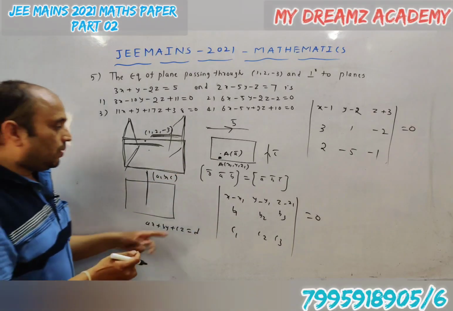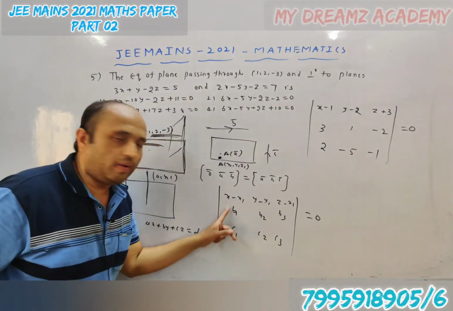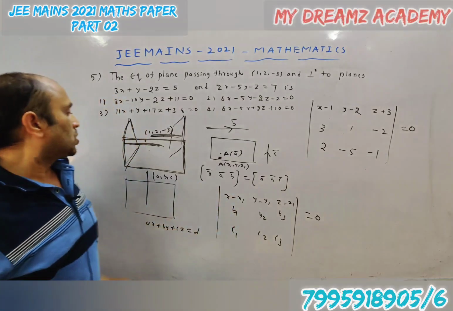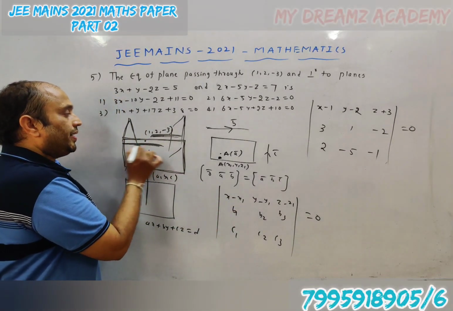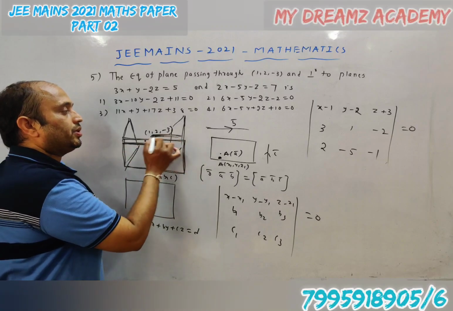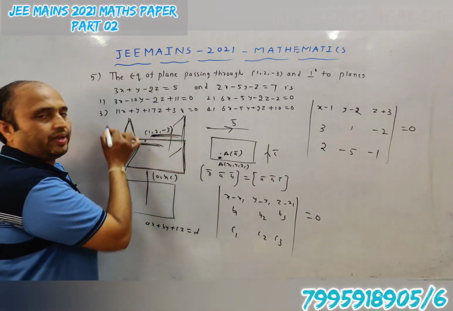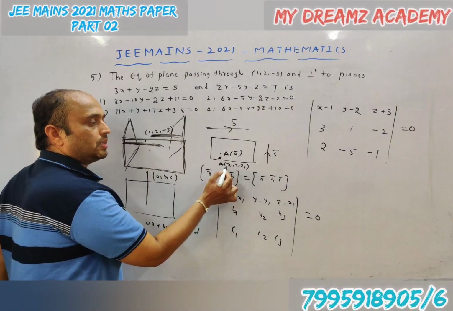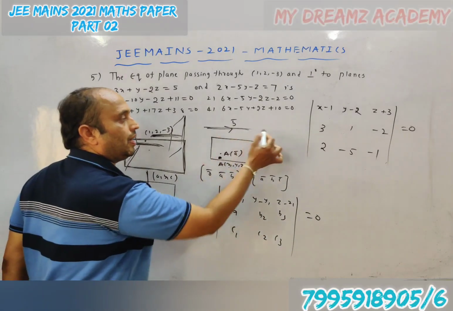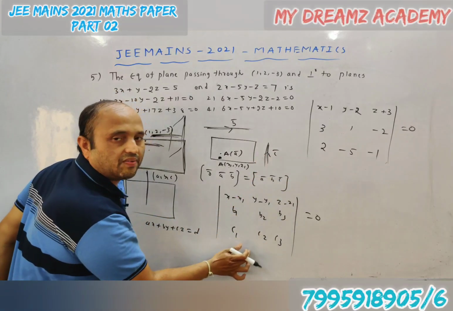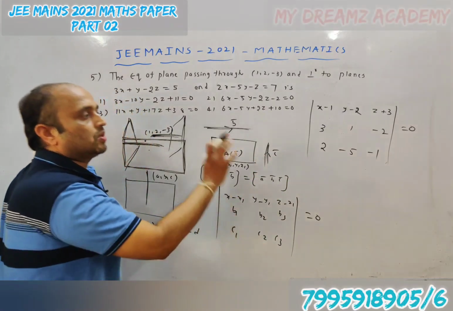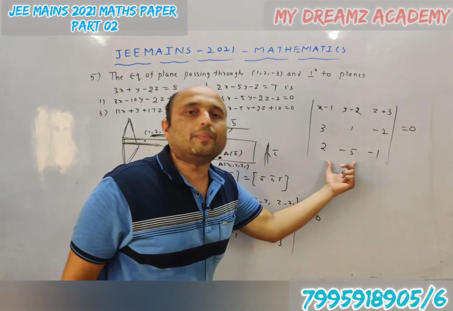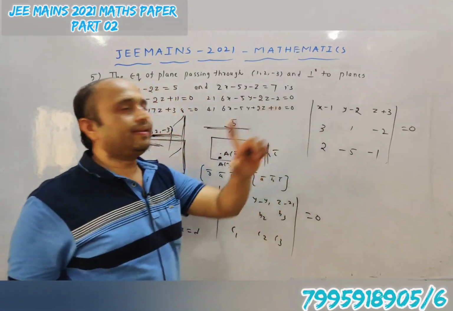Why am I taking these two vectors as b and c? Because the direction ratios are parallel to the required plane. So the equation of plane passing through (x1, y1, z1) and parallel to b bar and c bar is our required equation. Just substitute and find the determinant using the matrix, and we will get the answer.